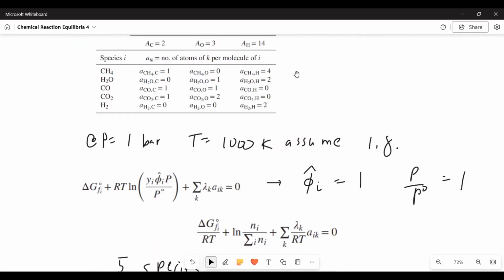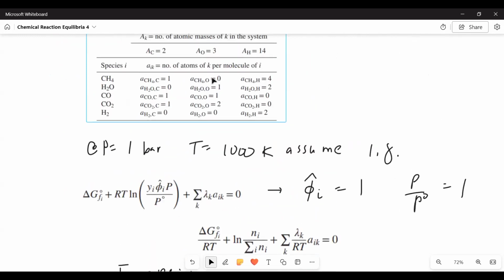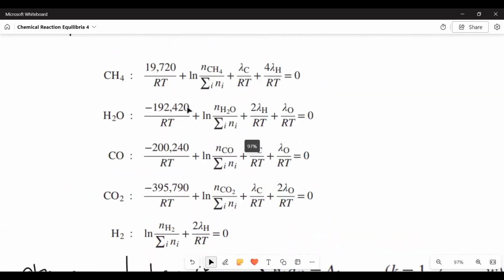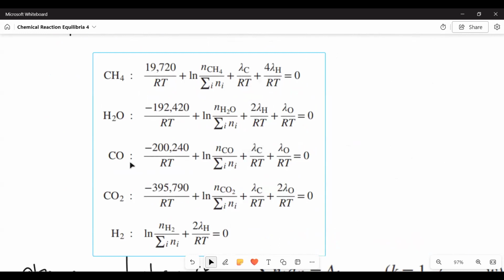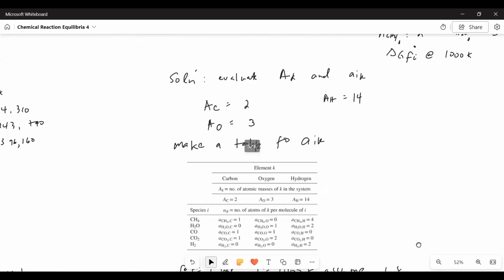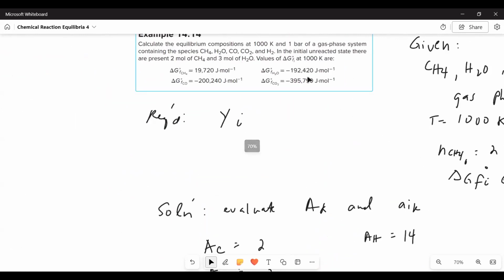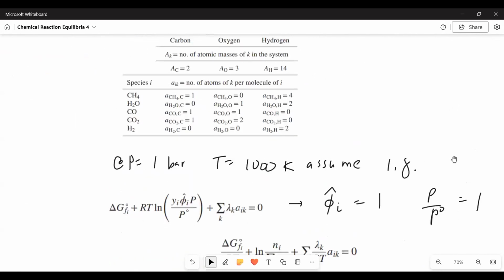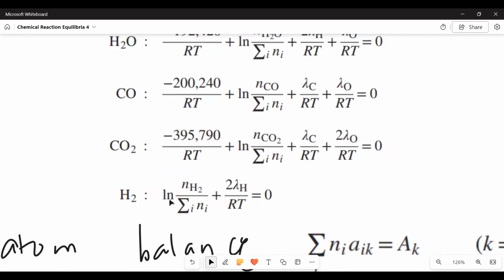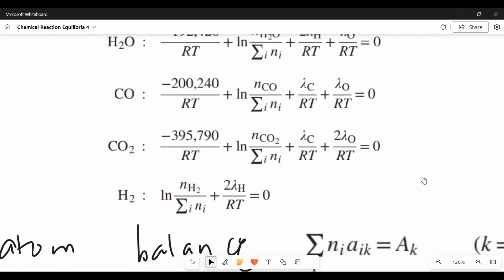Based on our evaluation, it's 4. And we do the same for all of the species: water, carbon monoxide, carbon dioxide, and hydrogen. So notice that only methane has a positive delta G of formation. Let me look at the given. So right there. And also notice that for hydrogen, there's no delta G of formation. It's assumed to be 0 for the element.